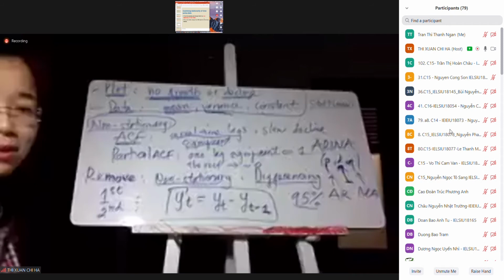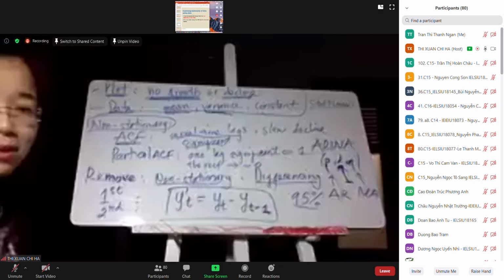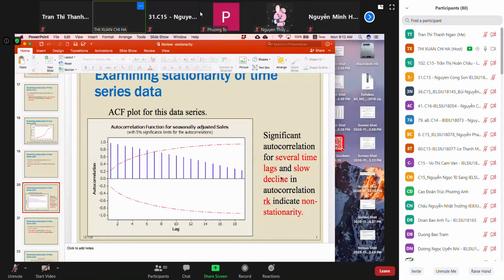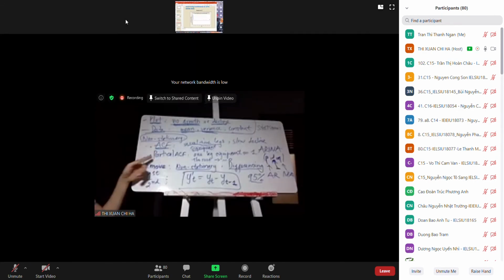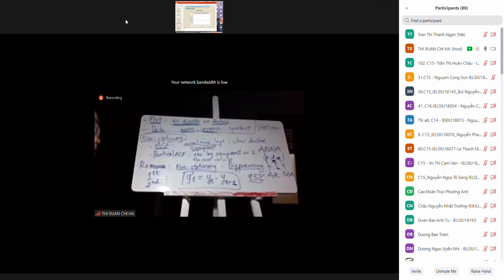That is the case where one lag is close to zero, and the rest are nearly equal to zero. So that is another signal, so you can know that your data is not stationary.